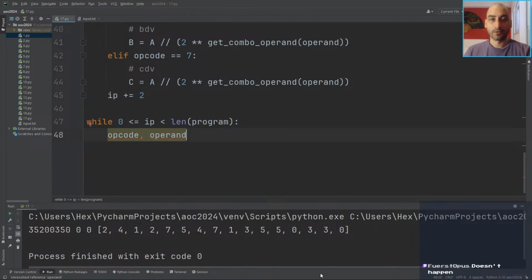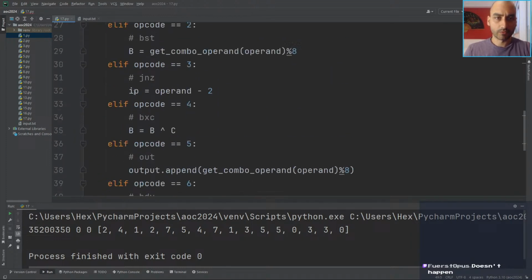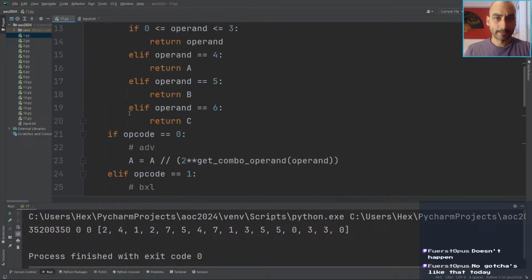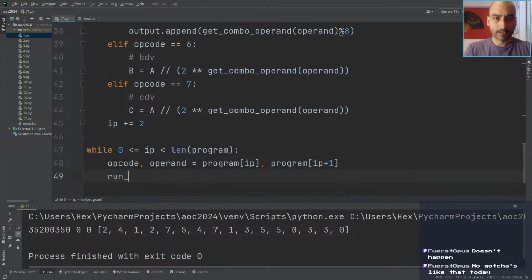All right. So opcode, operand equals program IP, program IP plus 1. So we run instruction opcode, operand.